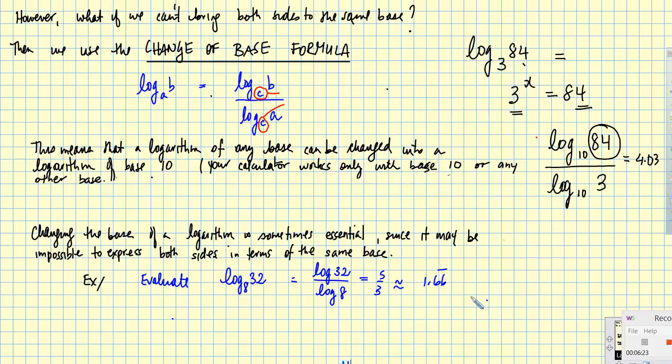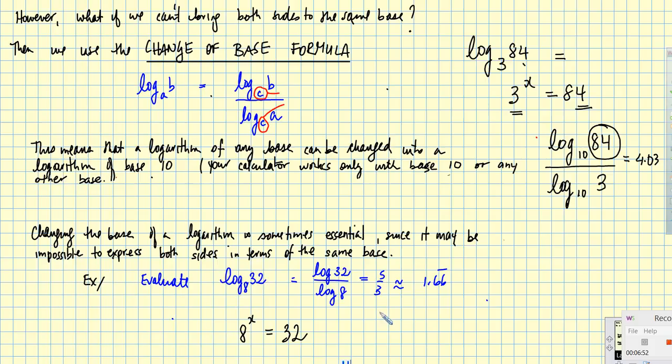All right. So let's try another example. So another example would be here where it says evaluate log base 8 of 32. So when I do 8 raised to the power of what equals 32, well, technically I could bring these down to the same base.